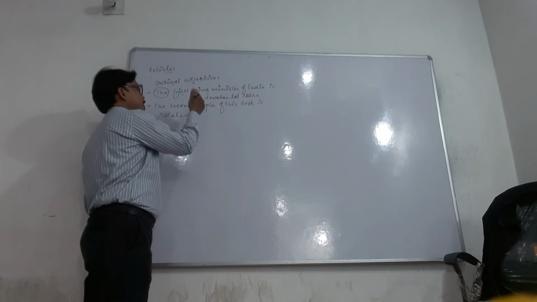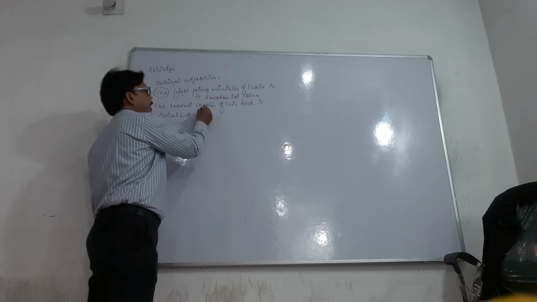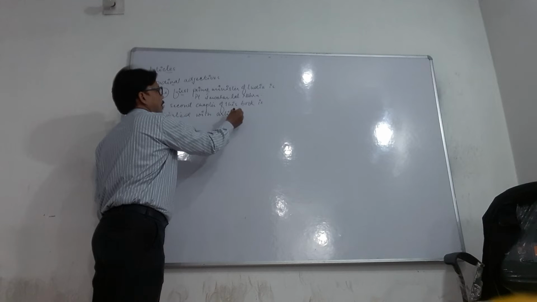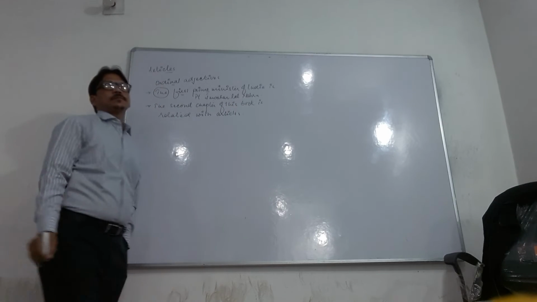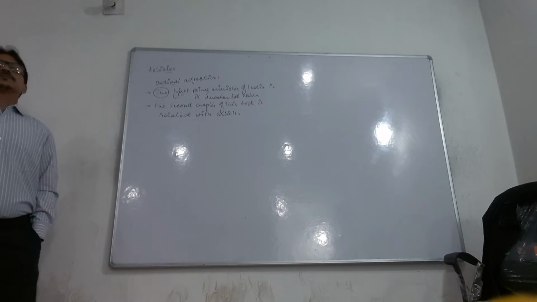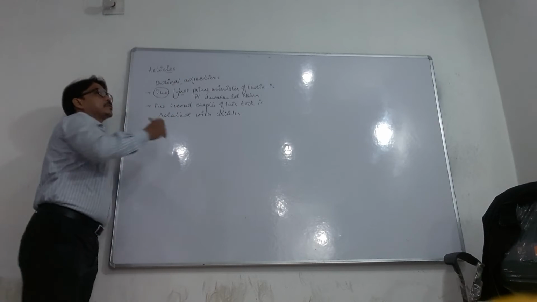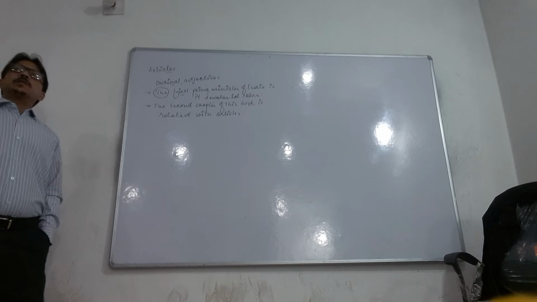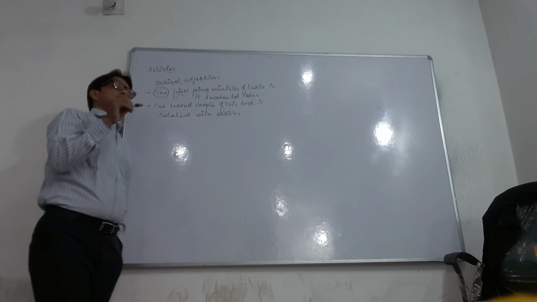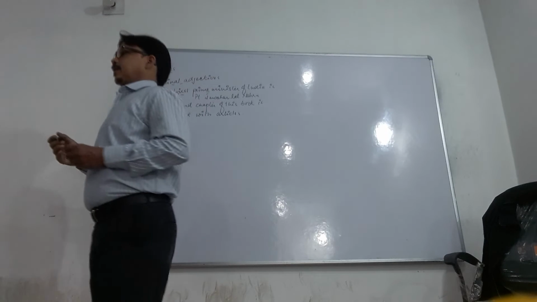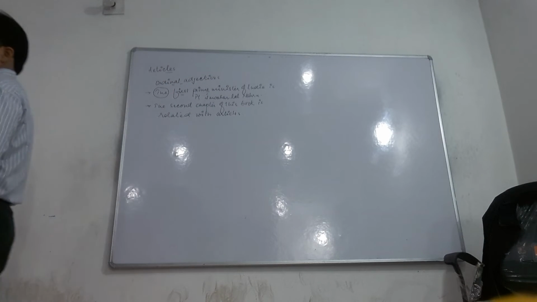The second chapter of this book is related with articles. Right. So this is a very basic rule. Before ordinal numbers we use the. Before cardinal numbers we don't use the. Okay. Now moving ahead with the next rule.